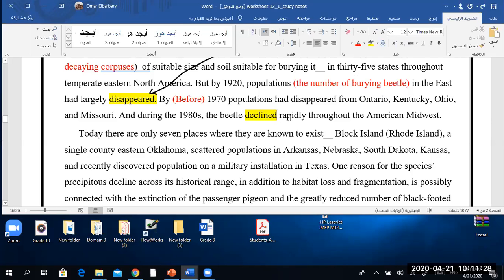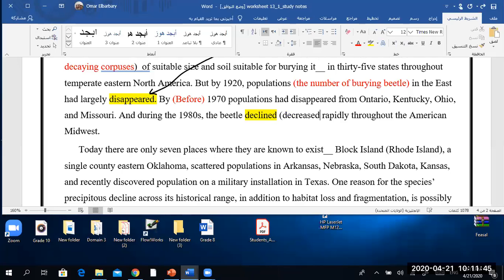What do we mean by the word declined here in this context? Have a guess, boys. Down. Yes, very good. Can we use the word decreased? Yes, very good, Mazen.